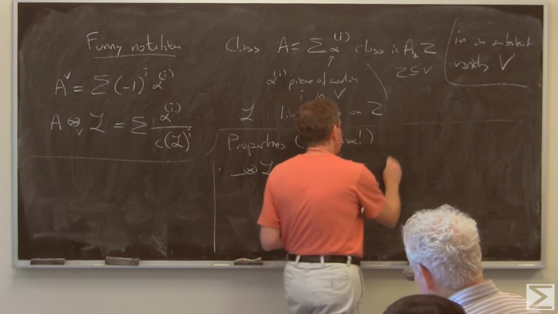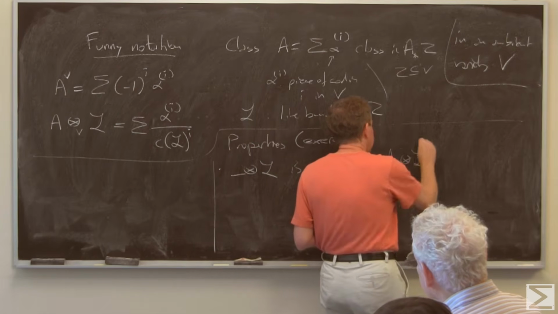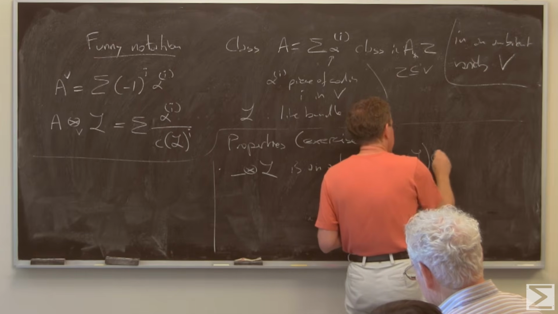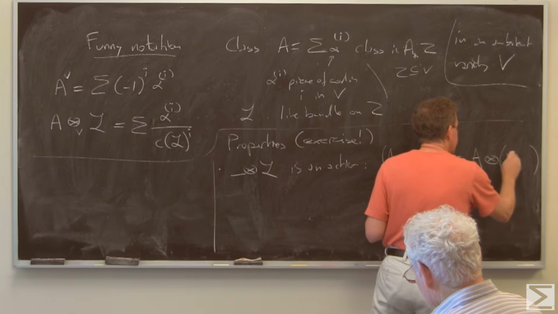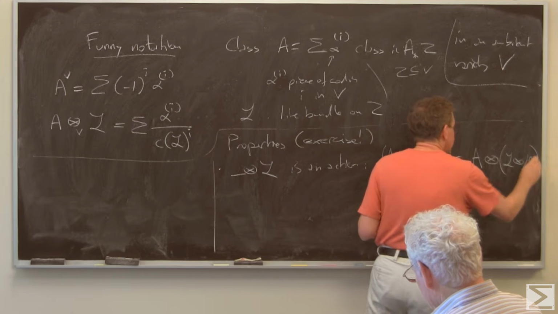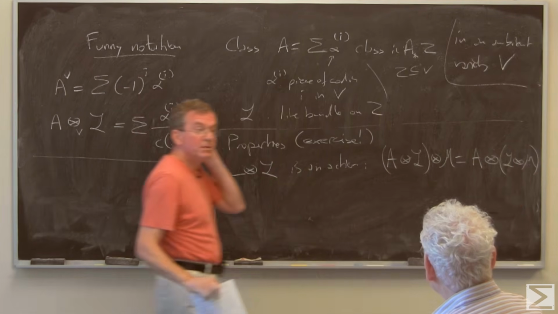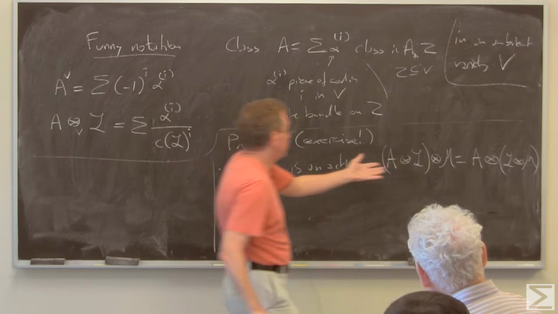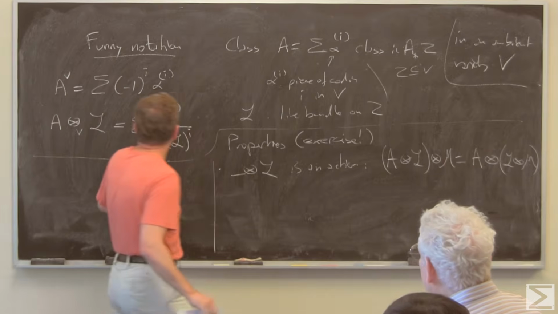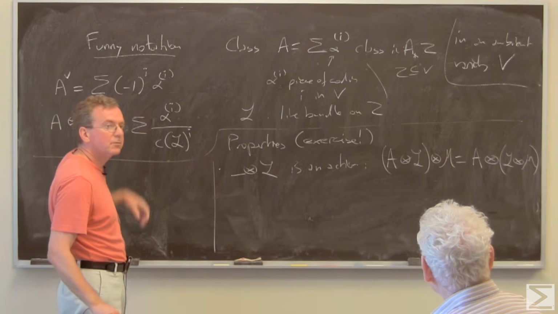By which I mean that if you start with A, tensor with L, and then tensor with M, that's as good as tensoring A by L tensor M. This is why I call this thing tensor, because it's compatible with tensors in this respect. This is just a silly binomial coefficient game, because you just have to write this out and explain it and check that it is true.